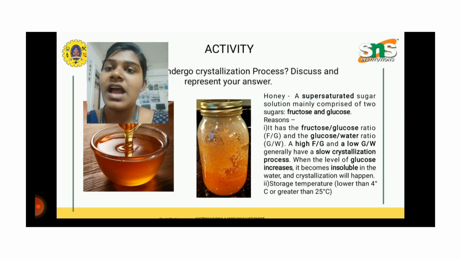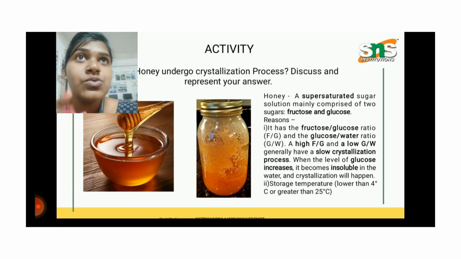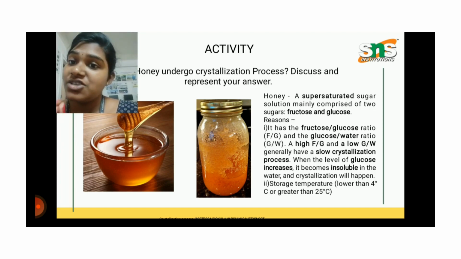Honey is a supersaturated sugar solution mainly composed of two sugars, fructose and glucose. The reason for crystallization is the fructose-glucose ratio and the glucose-water ratio. These two are the main reasons for the crystallization of honey, and a high fructose-glucose concentration and low glucose-water concentration generally give a slow crystallization process.